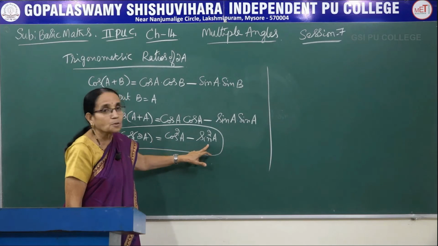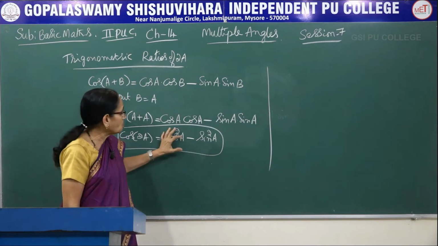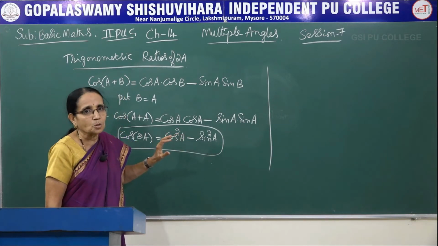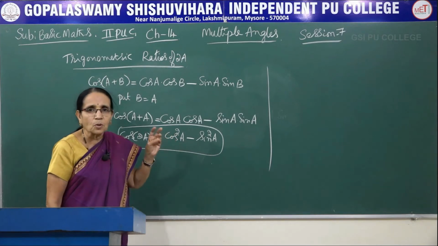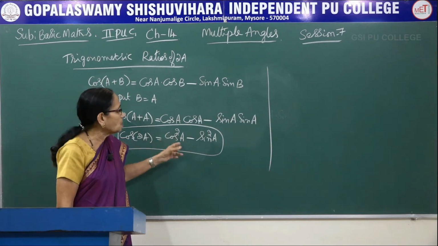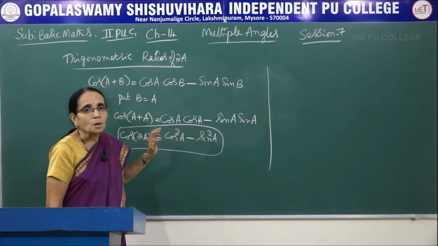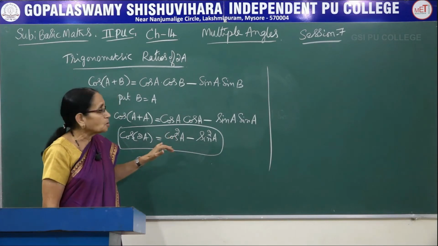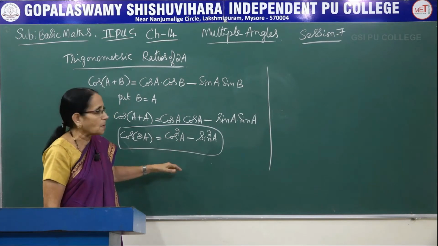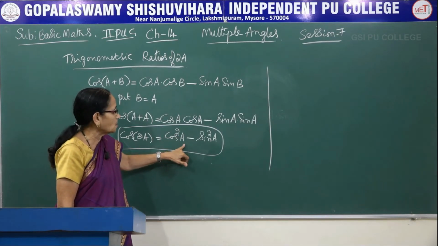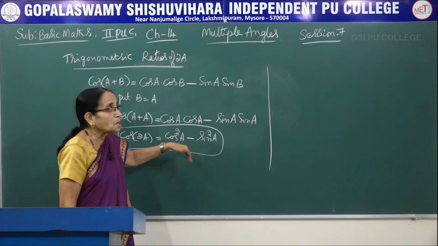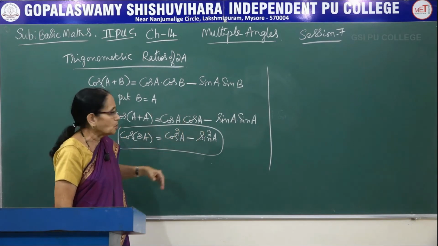Suppose you replace this by cos ratio, then it will be containing only cosine ratio. So either it would be purely in terms of sine or purely in terms of cosine, or this one contains both sine and cosine terms. So any one of them could be expected. If this is the result that has been asked, you can stop here. Then depending upon what has been asked, you have to proceed.